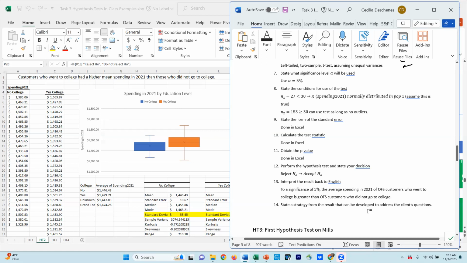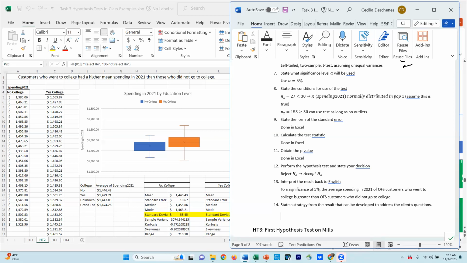All right, so now we're going to think about a strategy that could be used by Catherine Hill and company from this result. So again, we realize that how much a customer spends is directly related to the revenues, which is what Catherine Hill is concerned about.